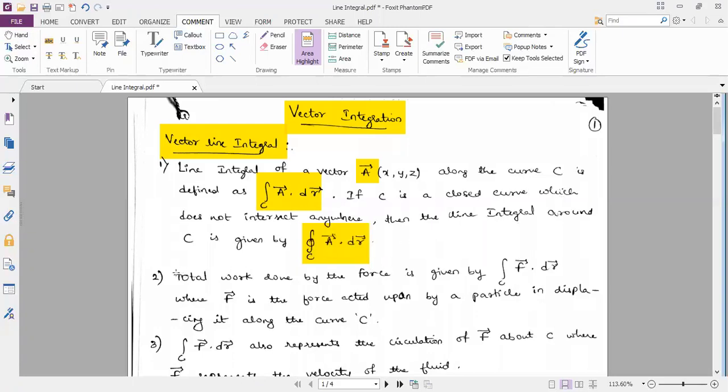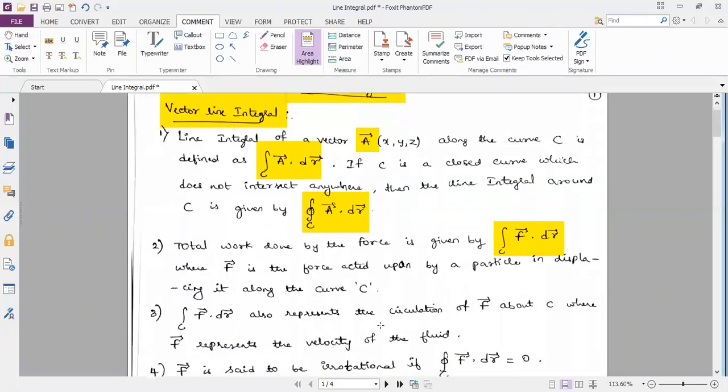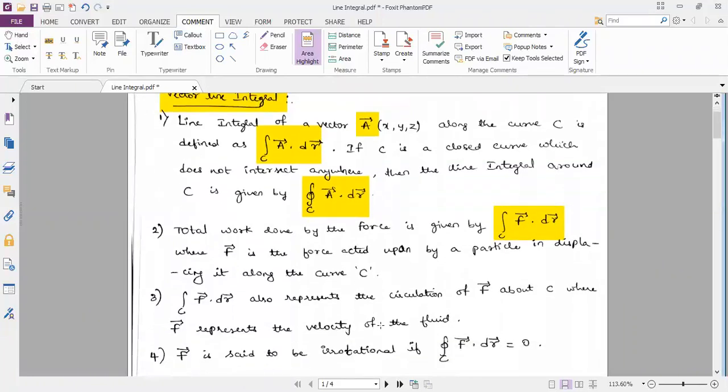Now the total work done by the force can also be obtained by integral over C F dot dr, where vector F is the force acted upon by a particle in displacing it along the curve C. Integral over C F dot dr also represents the circulation of vector F about C, where vector F represents the velocity of the fluid.